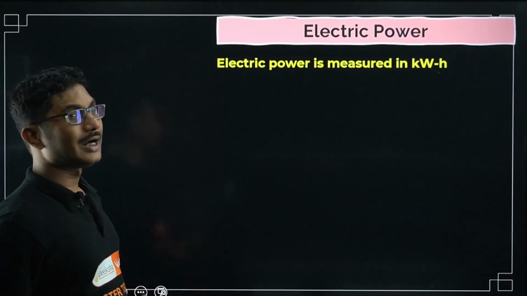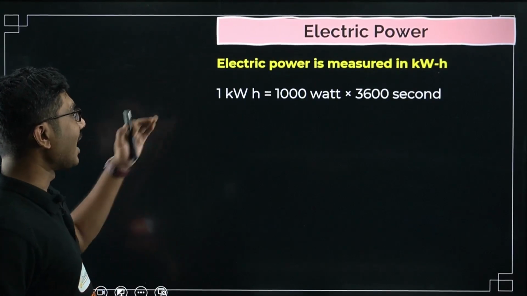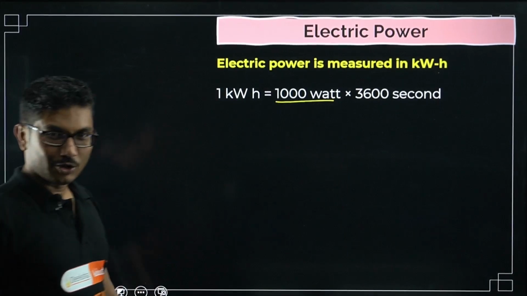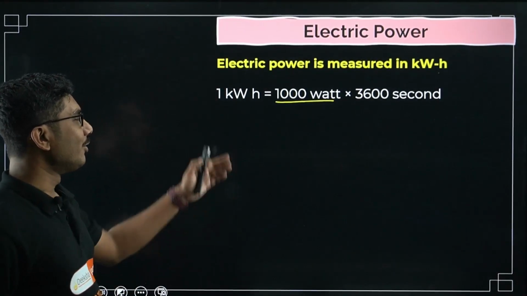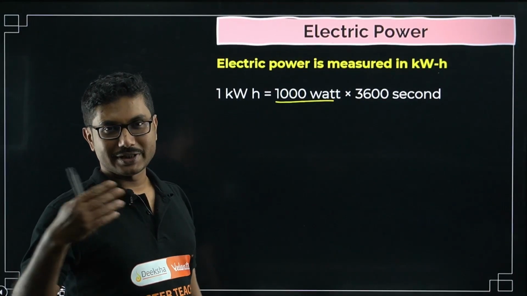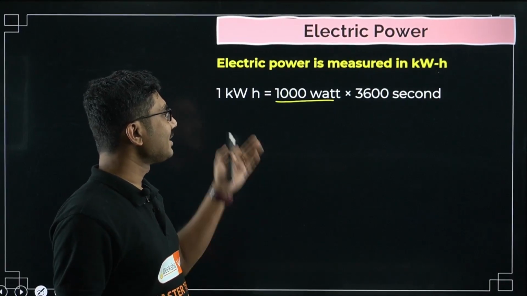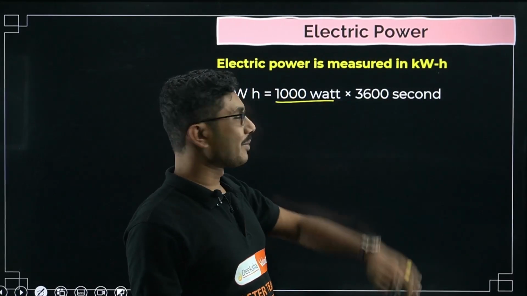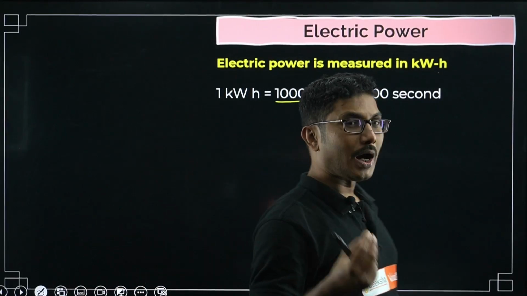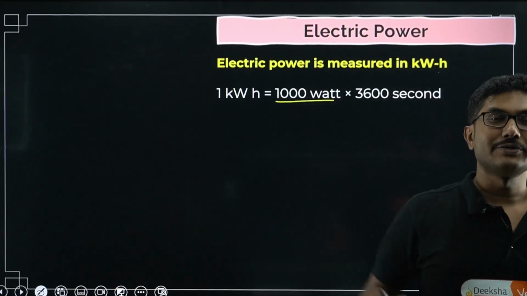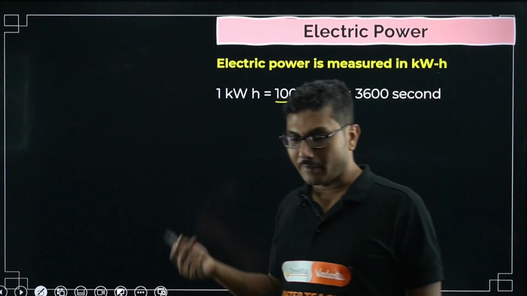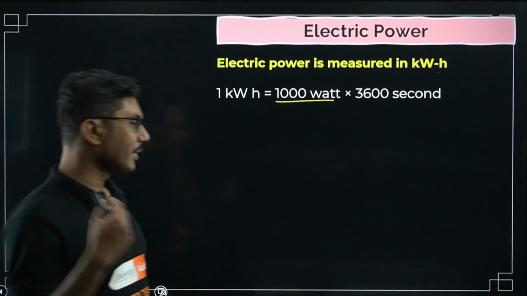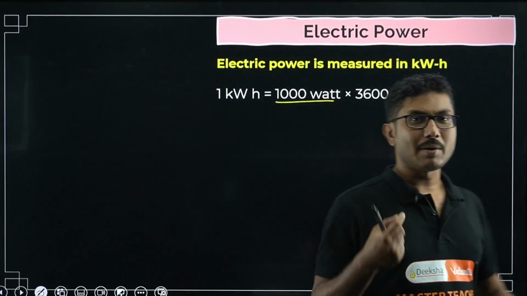Kilowatt hour, and 1 kilowatt hour means 1000 watt. Kilo means 1000, right? Kilogram means 1000 grams. Similarly, kilowatt means 1000 watt. And if you switch on a 1 kilowatt device for 1 hour, the energy it consumes is called a kilowatt hour. Every electrical device has a power rating.